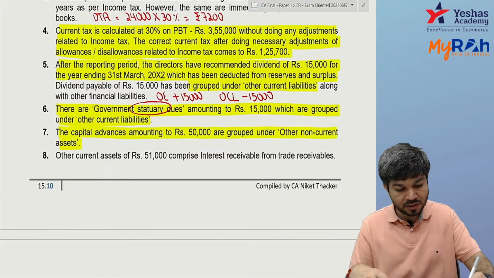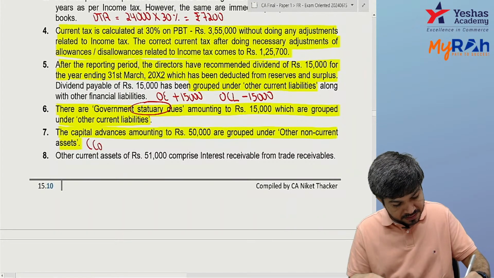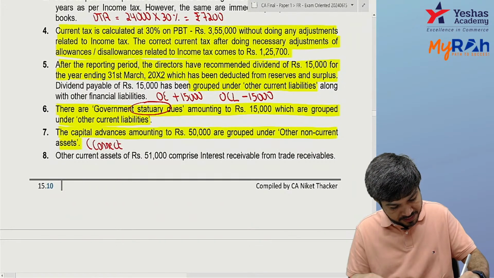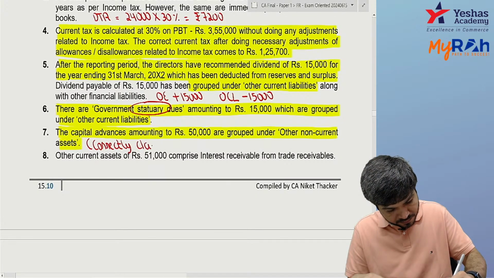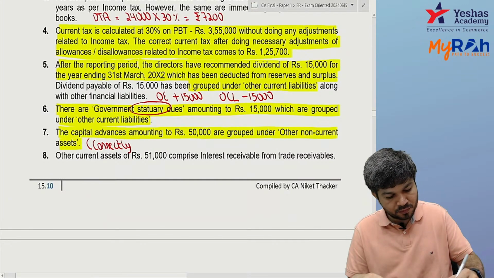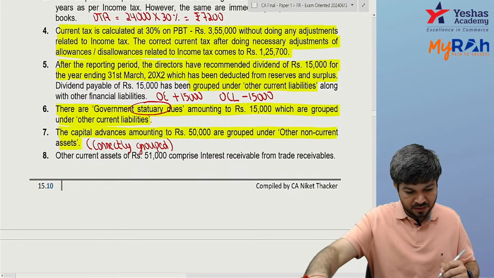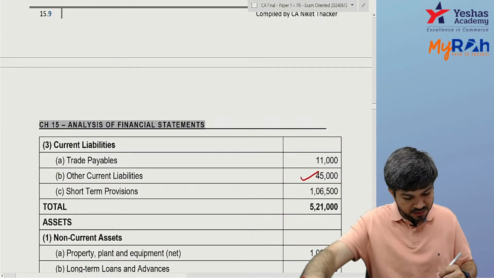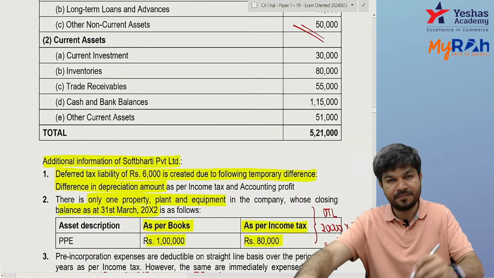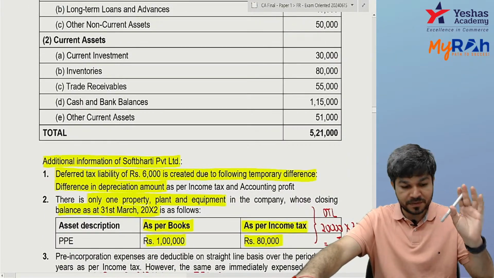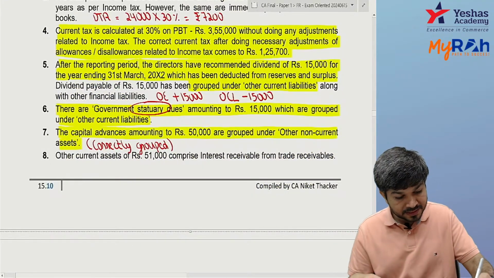It comes under other non-current asset. It's correctly classified. Let's check the other non-current asset. Do we have anything else in other non-current asset? Other non-current asset 50. Correct. There's no problem here.